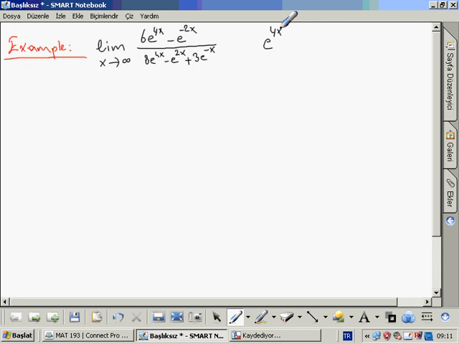So we will factor e to the 4x out of both the numerator and denominator, and once that is done, we can cancel the e to the 4x and then take the limit of the remaining terms. Let me do that.